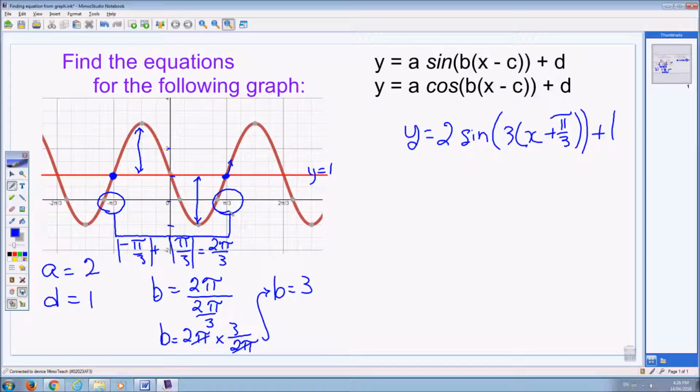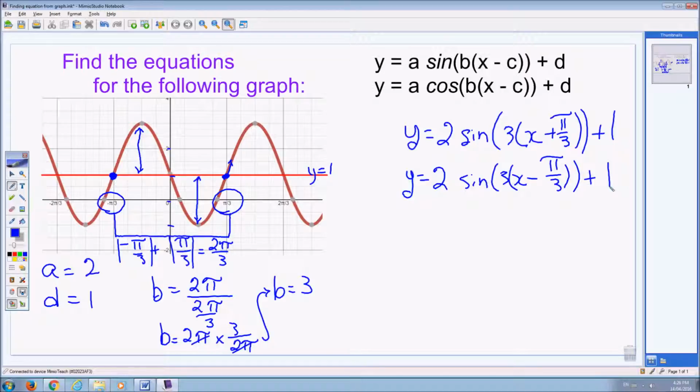So I'll write that equation as well. Y equals 2 sine 3x minus pi over 3 plus 1. These are both equations for the same graph and both equally correct.